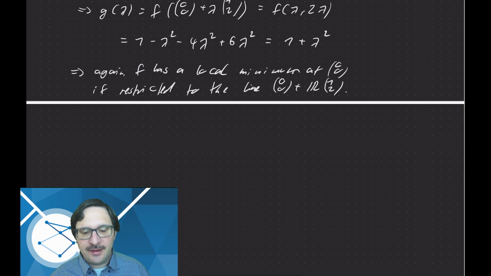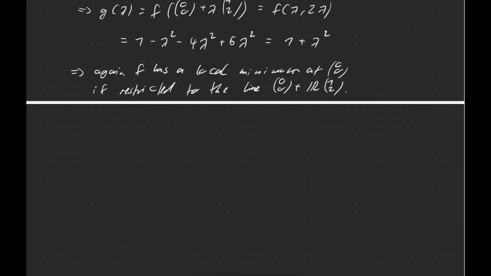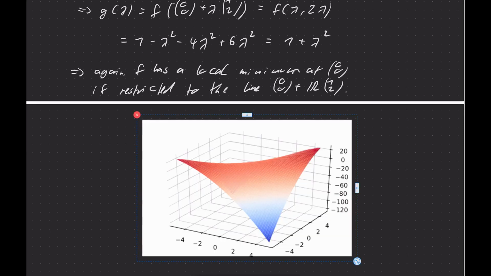That has been the problem with continuity. So before we go on here and try to properly define what a differential in multivariate functions should actually look like, let's have a quick look at that function here.